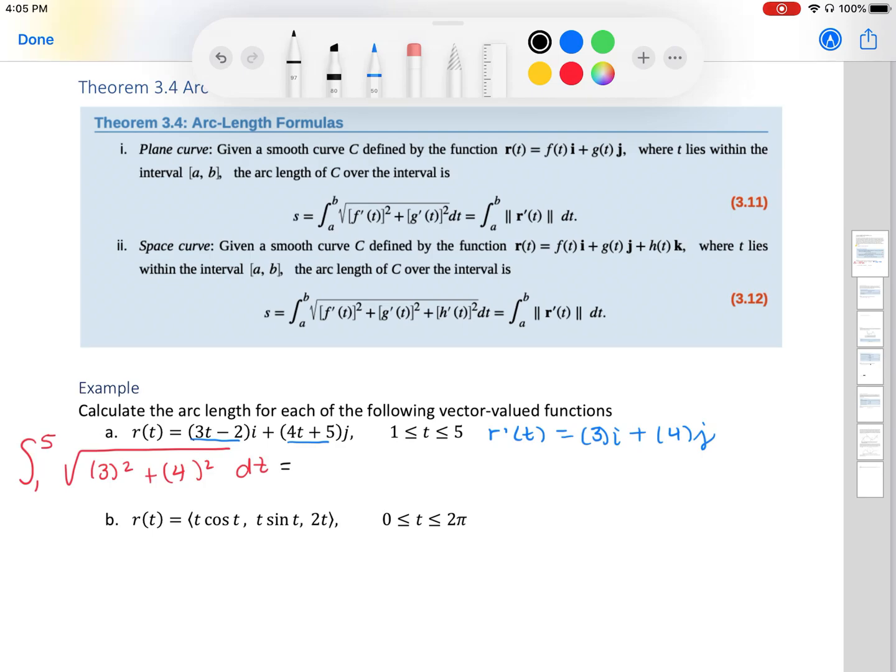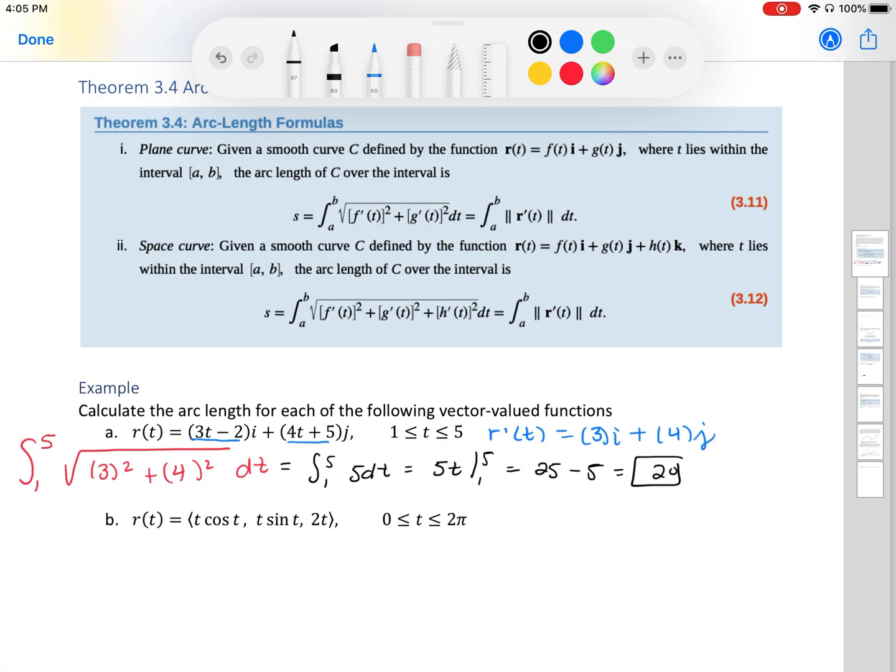So we take the square root of 3 squared plus 4 squared, which gives us 5. So I'm taking the integral of 5 dt, which just gives us 5t. Then when I plug in 5 and 1, we get 25 minus 5. So our answer is 20.